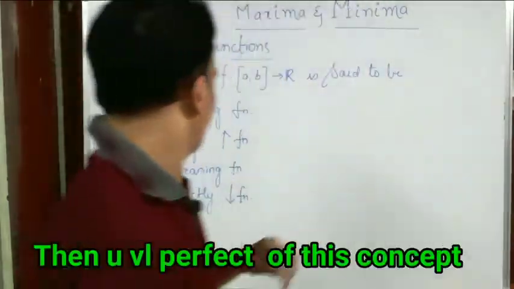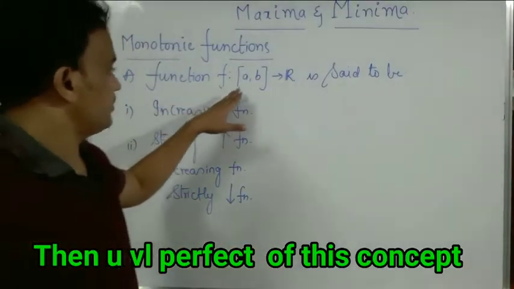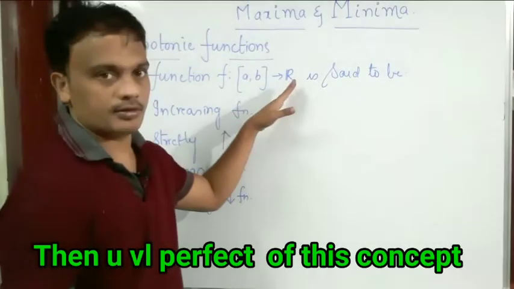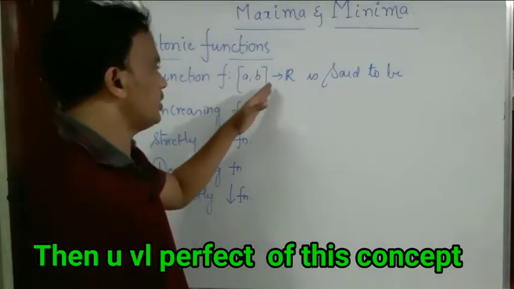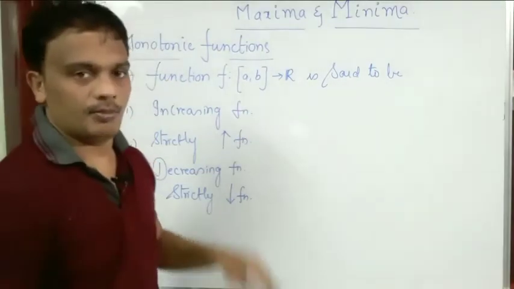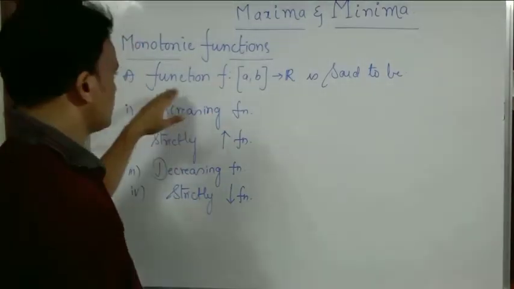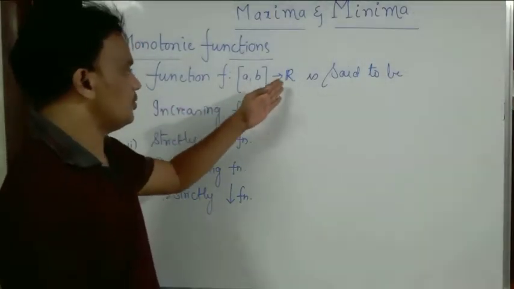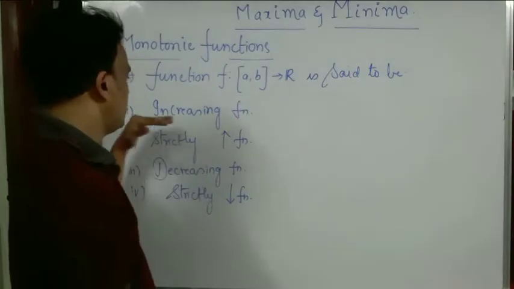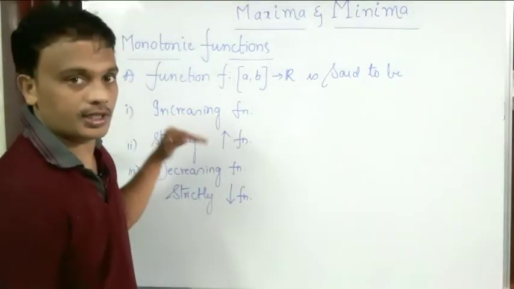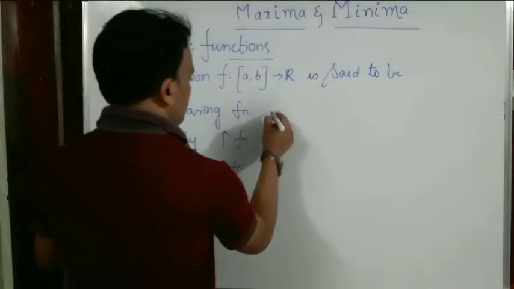Let us see. A function f from the closed interval a to b to R is said to be a monotonically increasing function. What is the condition?